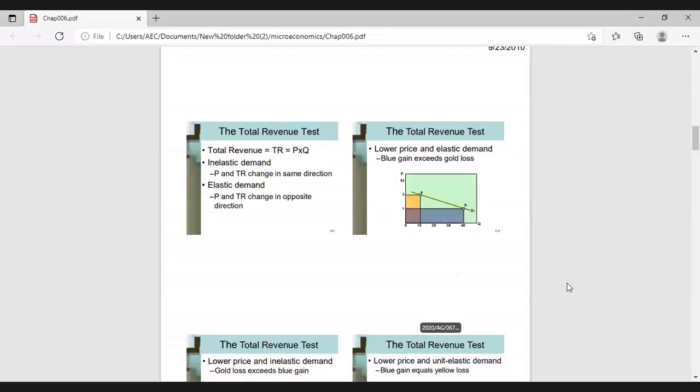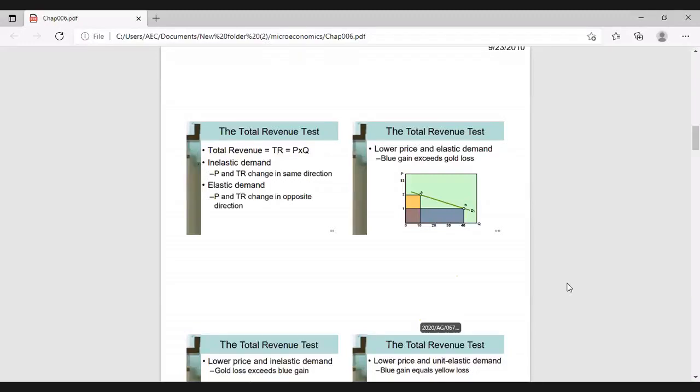We can identify whether demand for a particular product is inelastic or elastic simply by the total revenue test. Total revenue is price multiplied by quantity. For the seller, at this price he sells this quantity and gets this amount of money. That is total revenue.